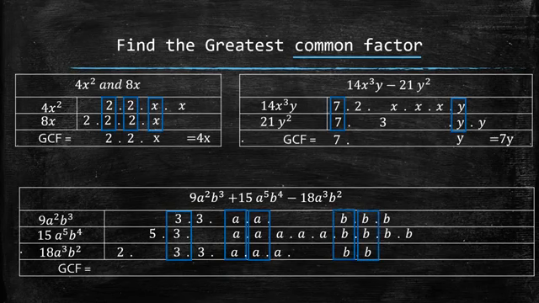So you write all those common factors: 3, A, B, and B. So your greatest common factor now, class, is 3. A times A, that is A squared. B times B, that is B squared. So, 3A squared B squared.